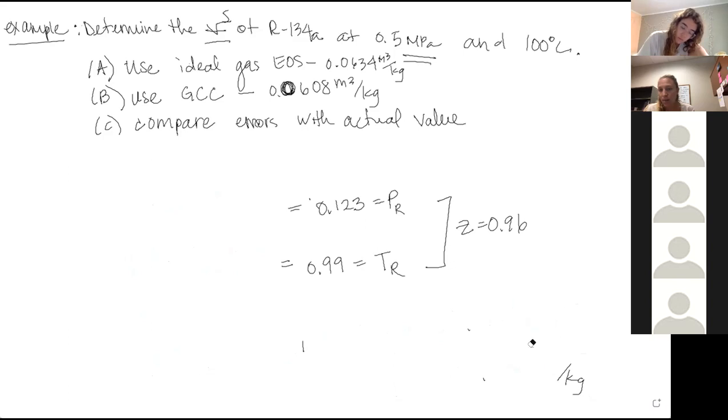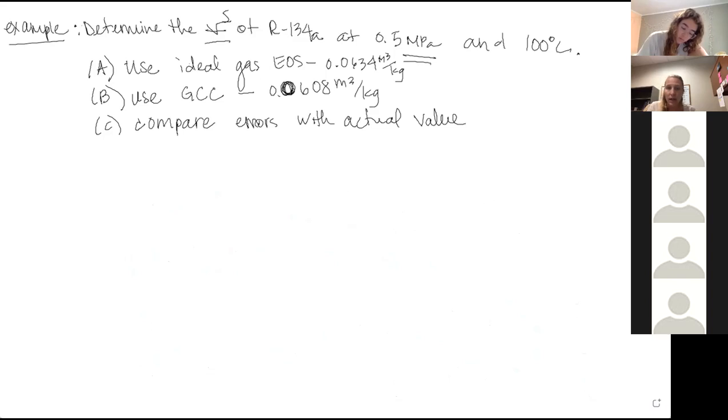On Monday, we were going over how to use the steam tables in the back of the book to find things like pressure, volume and temperature. So for part C, we're going to compare with the actual value. The actual value is in table A13.